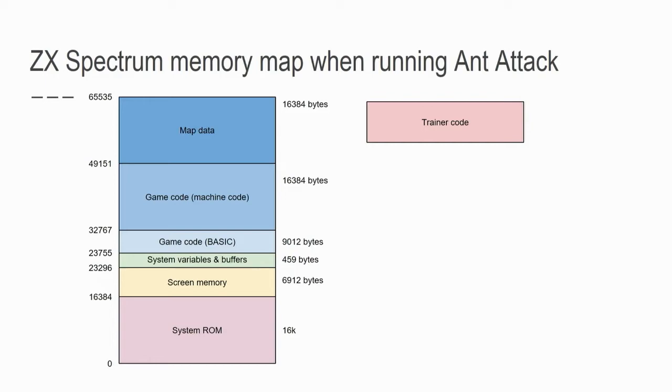We could maybe compress the game code. That might work. But we need the game code to stay where it is, because we're going to be changing values in it. Luckily, the map data is 16K, and as you saw in the map earlier on, it's quite sparse. So what we can do is compress that in place. That's what we do. We compress the map data.